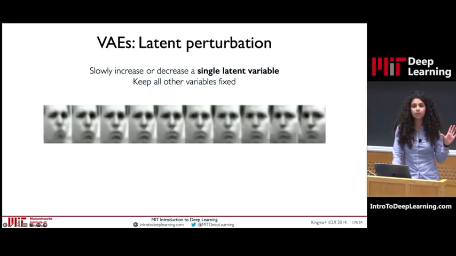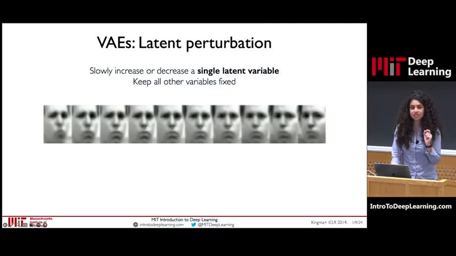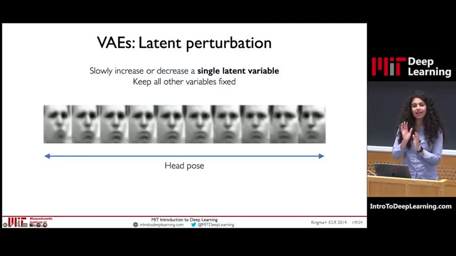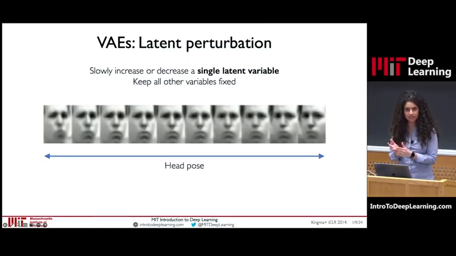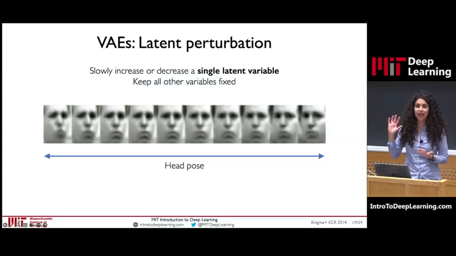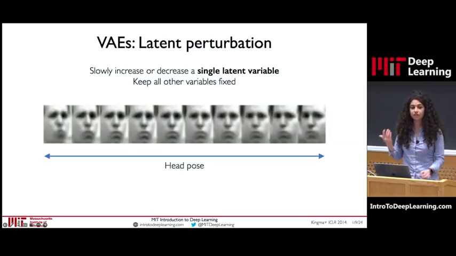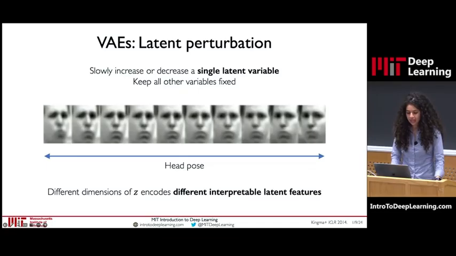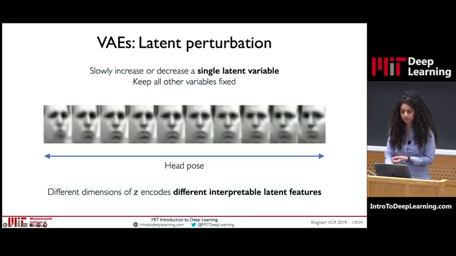And so in this example with the face, you're seeing that come to life, right? Where the face is being reconstructed following a perturbation of a single latent variable that hopefully you can see is capturing the head pose, the tilt of the face in the image. And so what this gets at is that the different dimensions, the different latent variables are trying to encode these different features that are hopefully interpretable.